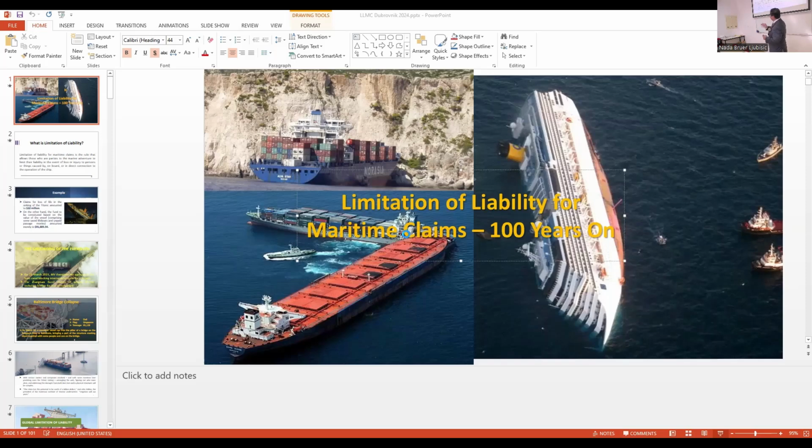And then this is a bit complex. I'll just try to briefly mention it. Claims of a person other than the person liable in respect of measures taken in order to avoid or to avert or minimize loss for which the person liable may limit his liability and further loss caused by such measures.